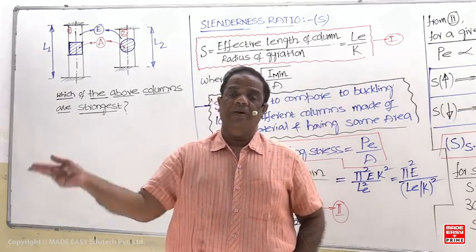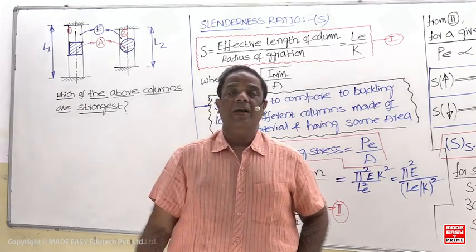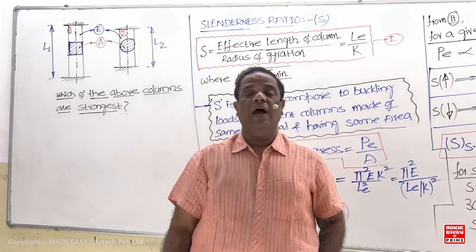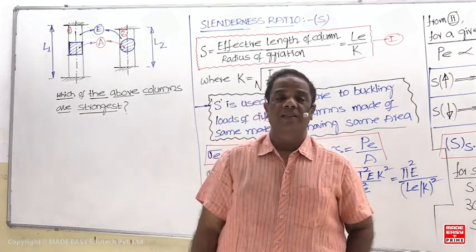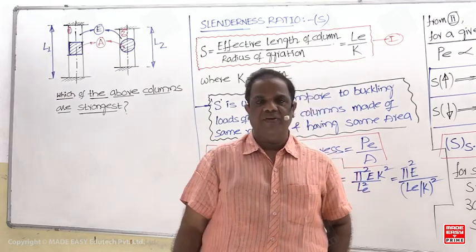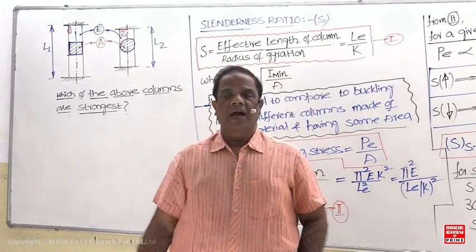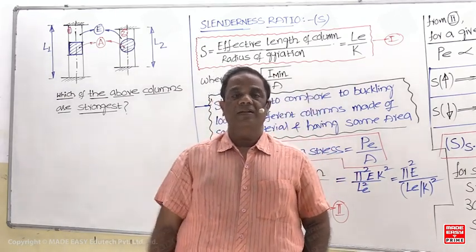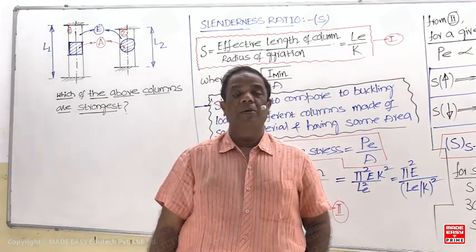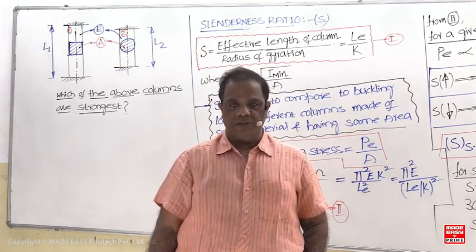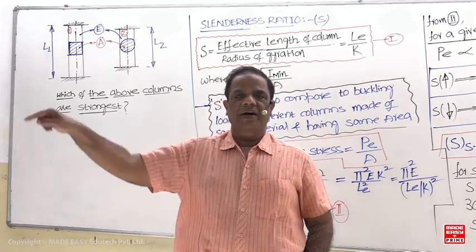And for the same diameter, the ratio of the buckling load of a solid circular column to hollow circular column will be 1 by 1 minus k to the power of 4. If k is equal to half, it is 16 by 15. Next you have studied, I have given the alpha values. We have considered 4 columns of same length, same material, same moment of inertia, but end conditions are different. So you have prepared a table.